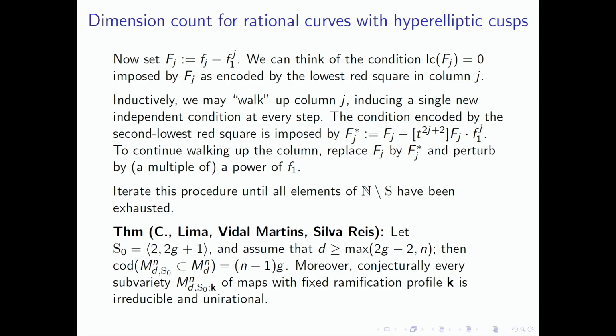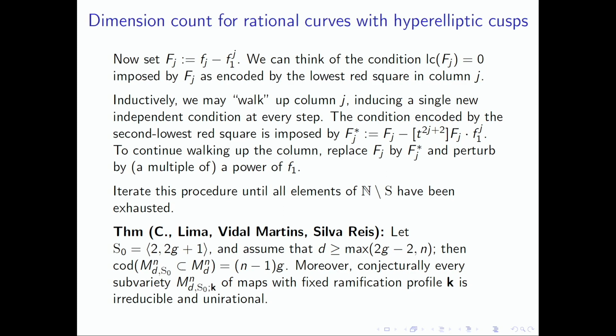Another outcome of our analysis is that anytime we look at hyperelliptic cusps and we fix ramification type, in every instance that we can observe, and in particular in this generic situation where the ramification profile is just a sequence of successive even numbers, those generalized Schubert varieties are irreducible and unirational.